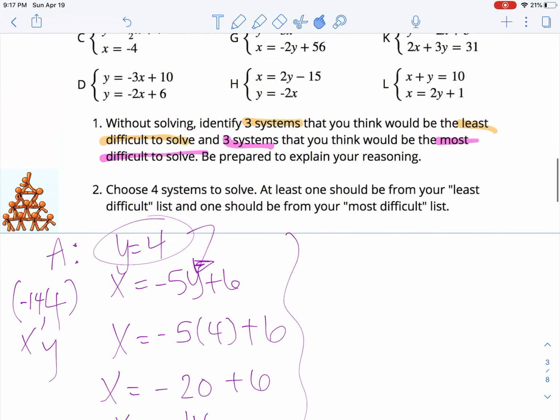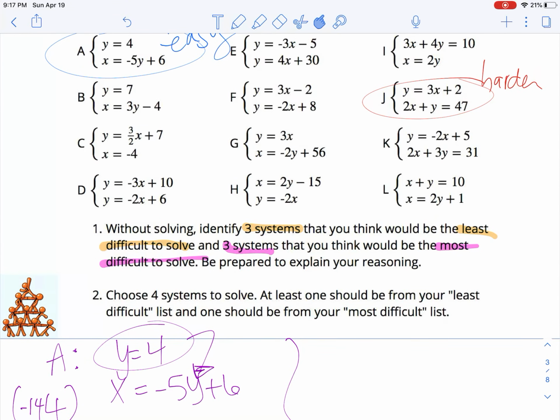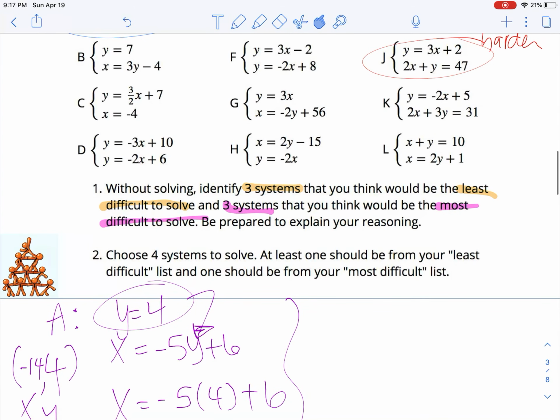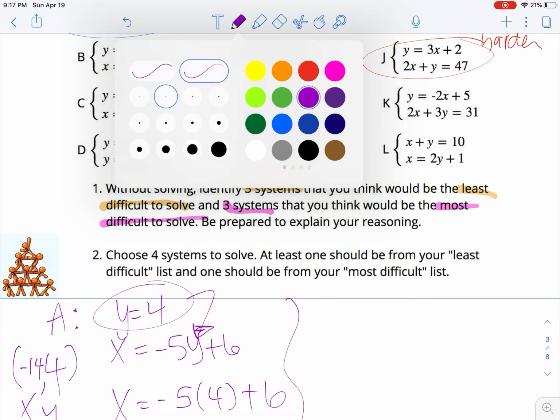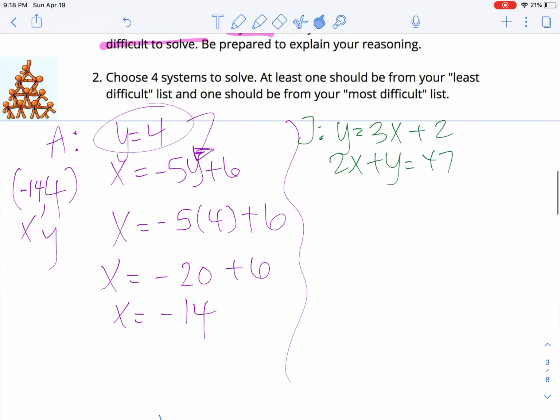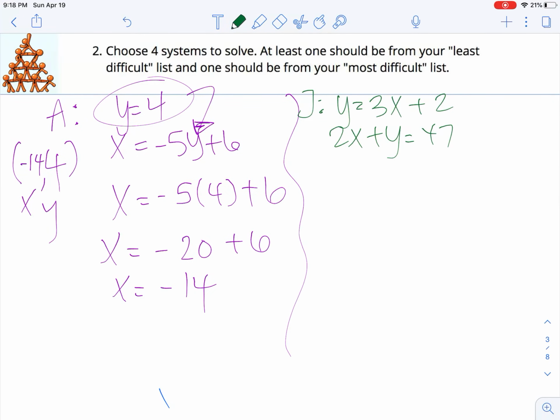Next one is J. Y equals 3x plus 2. And then we've got 2x plus y equals 47. And they've made it a little bit simple for us because we can just go right ahead and say, that's y goes here, right?